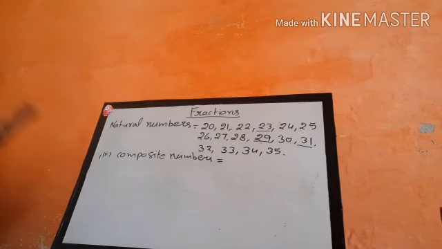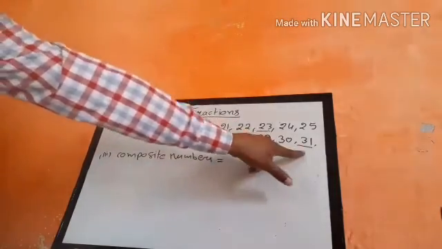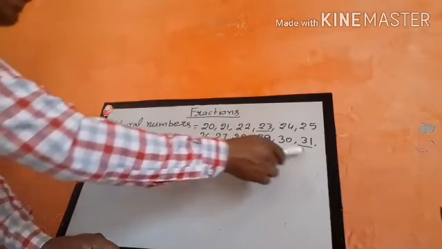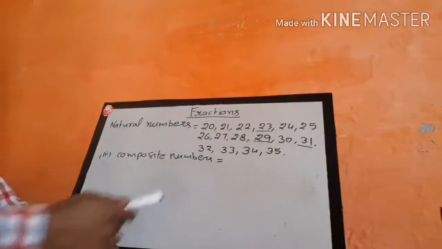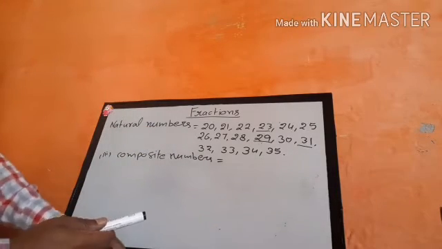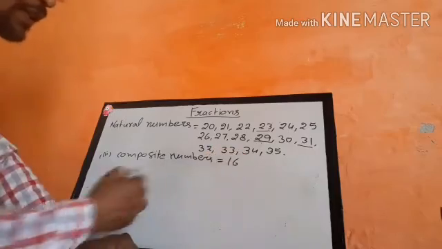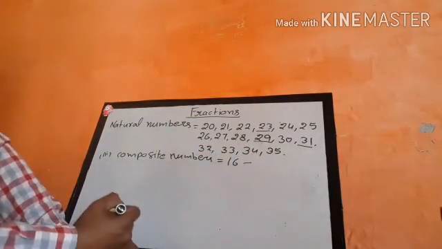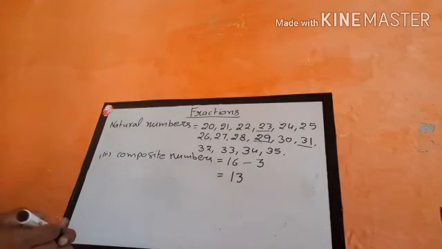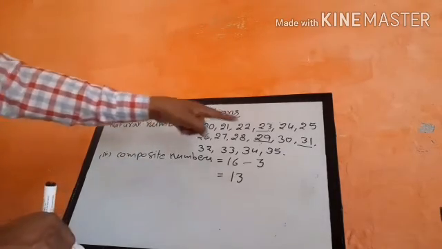Composite numbers are those that have more than 2 factors. So subtract the number of primes from the total numbers, and you will get the number of composites. So here the composite numbers are 16 minus 3 primes. So total 13 composite numbers are there between 20 and 35.